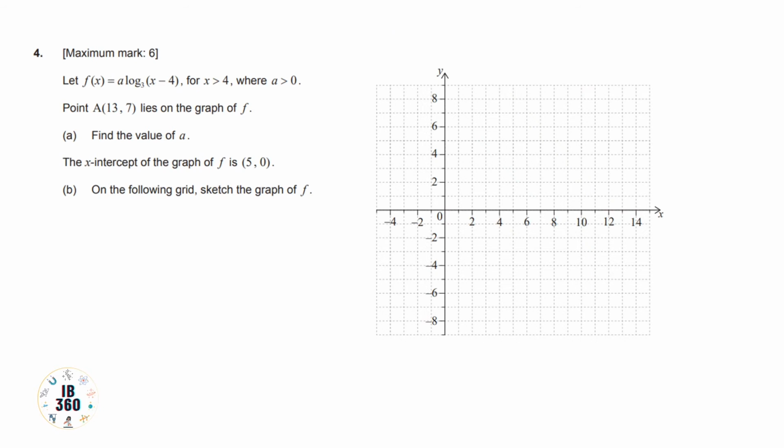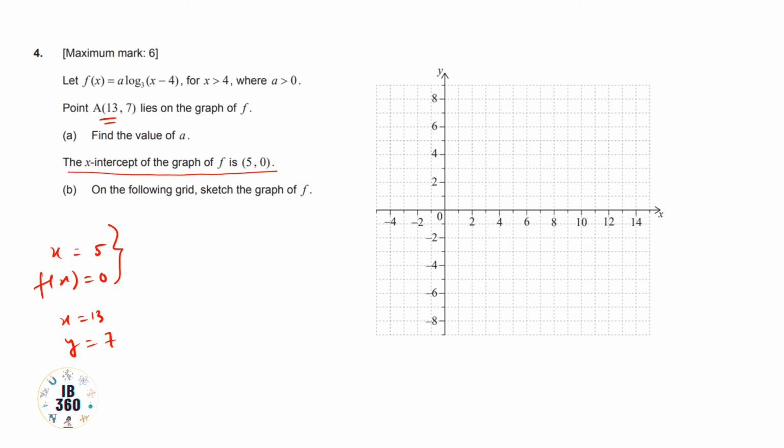Now for the second problem, it is given that the x-intercept of the graph of f is (5, 0). So if the value of x is 5, then f(x) is 0, and this is our first case. And from the second case we are getting, if the value of x is 13, then the value of y is 7.